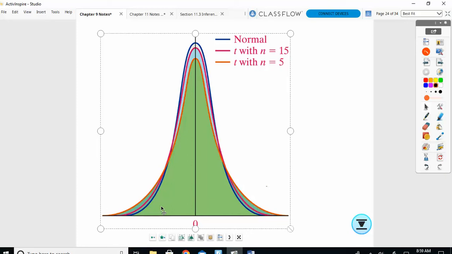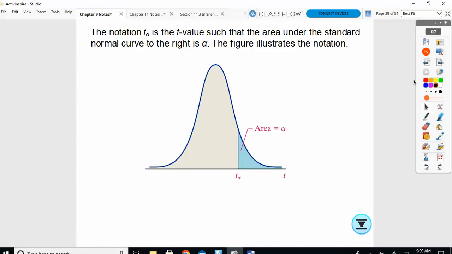If you look at this table 7, and it has a picture of your t distribution, the probability in this table is actually area to the right. So it is the opposite of the normal table, but we can handle reading that. And if you forget, it's at the top of that page, so you can remember which way it's giving us.